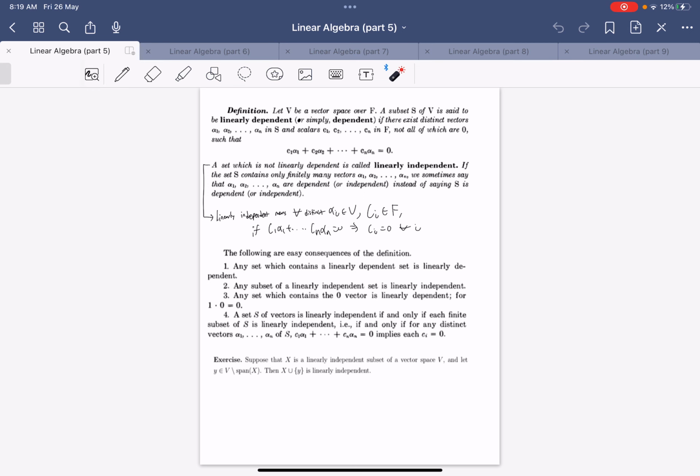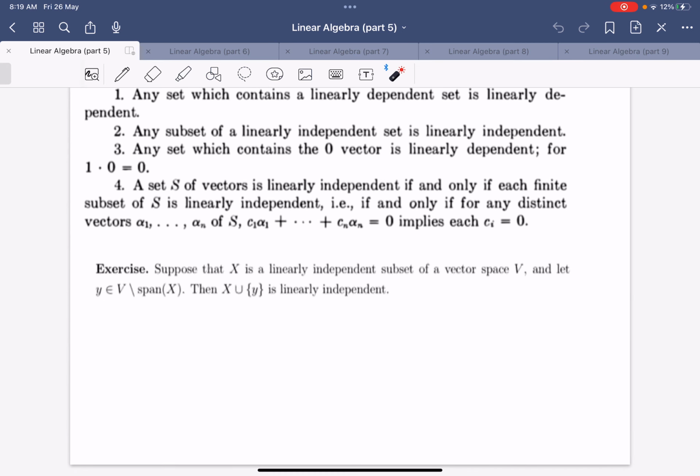An exercise for you to show is that if X is linearly independent, and you take Y being an element of V minus the span of X, then X union Y will still be linearly independent.